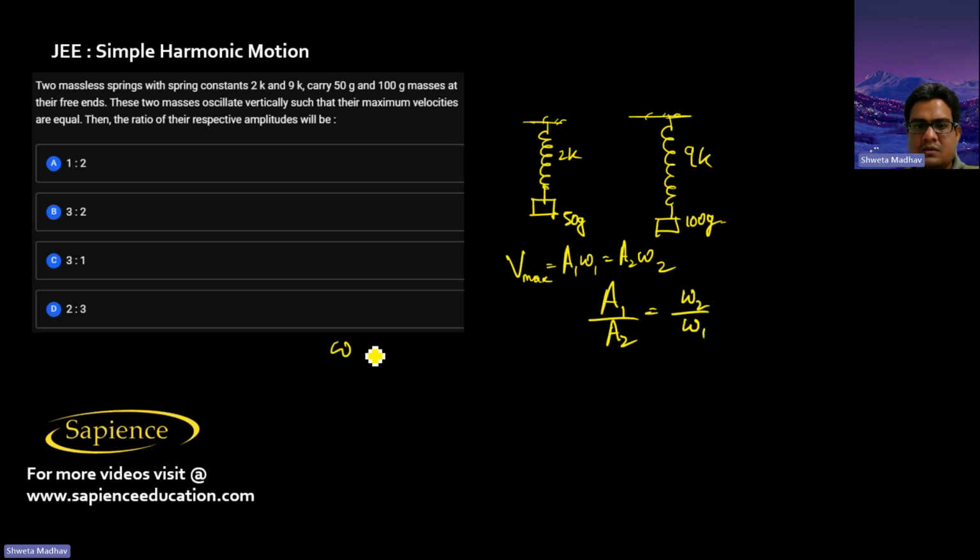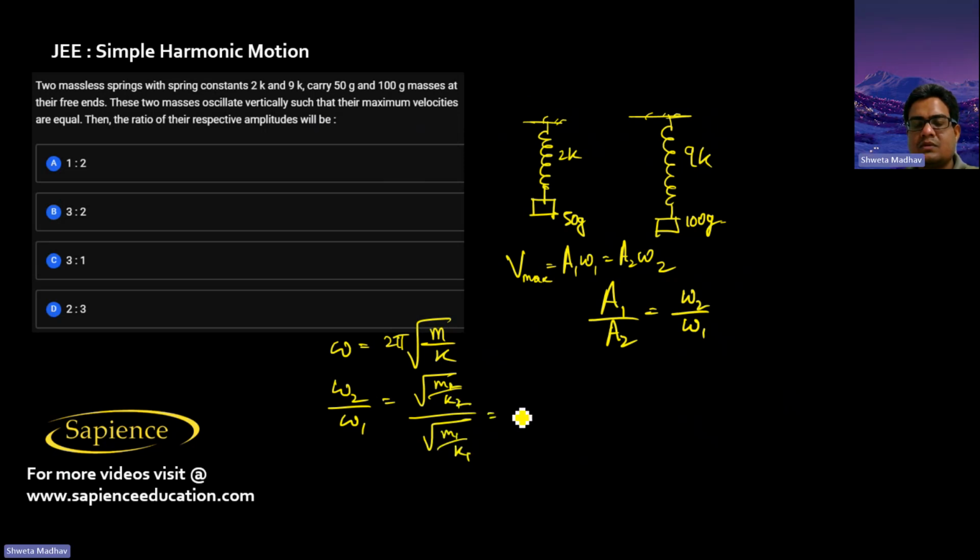Now omega is root under k by m, so omega 2 by omega 1 will be equal to root over k2 by m2 divided by root over k1 by m1. If I take m1 as m, then m2 is obviously 2m.